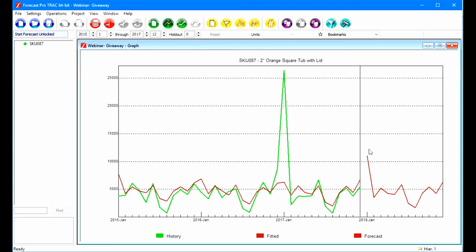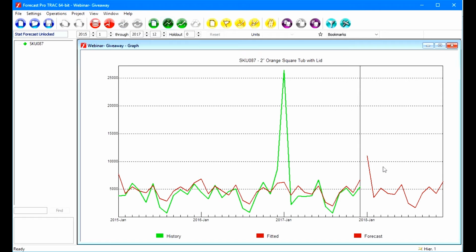In addition, in the forecast period, we have this spike in January. So what's happening here is the automatic approach is assuming that this January spike is due to seasonality, and we're extrapolating forward this new January seasonality into the forecast period.